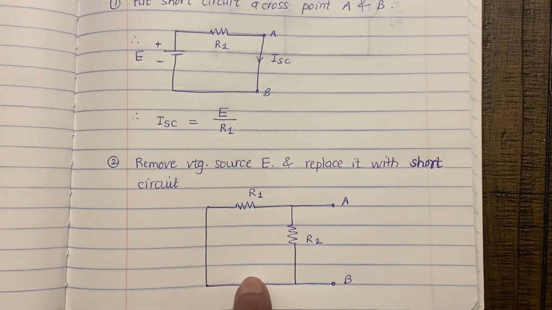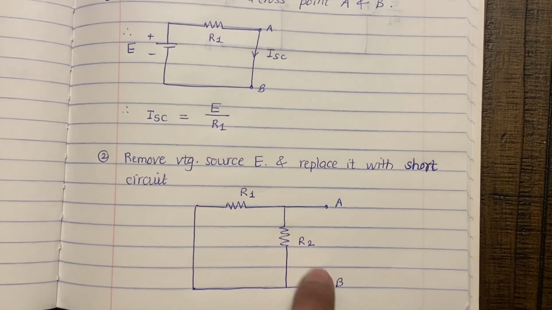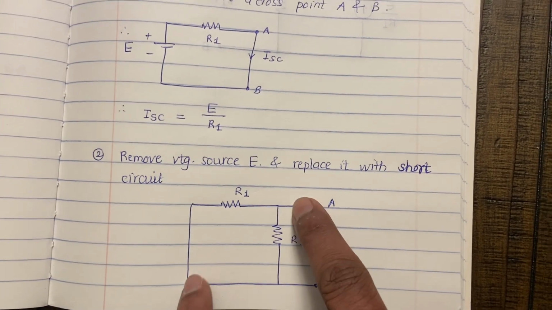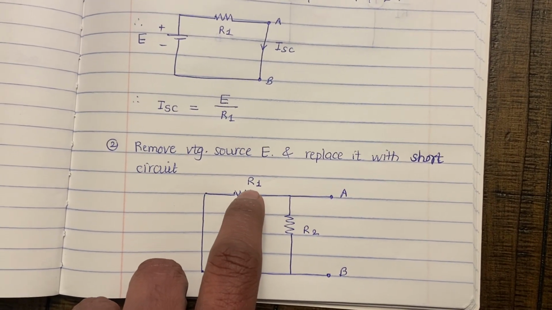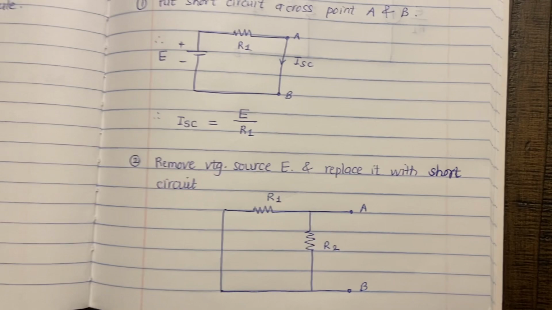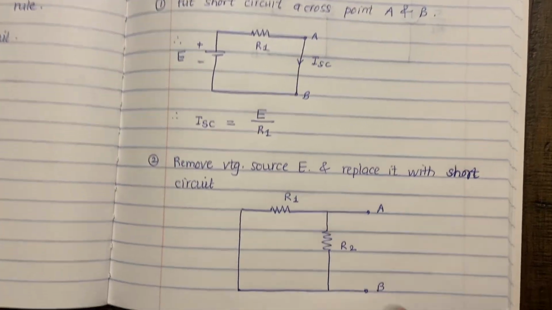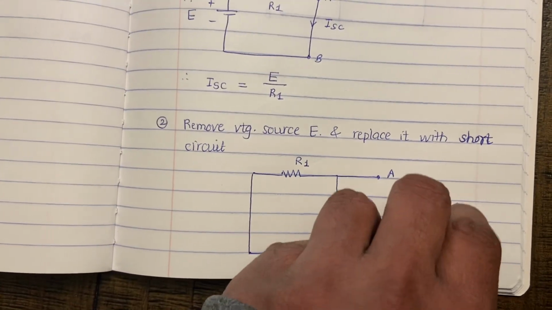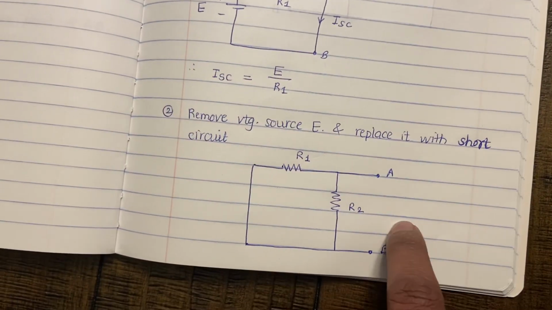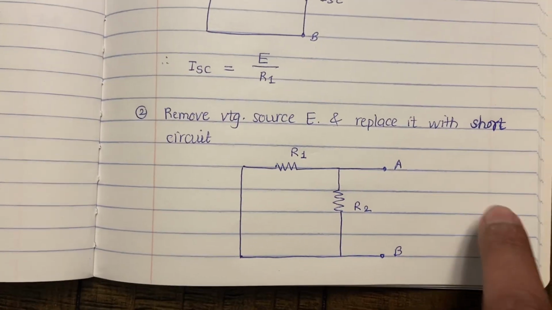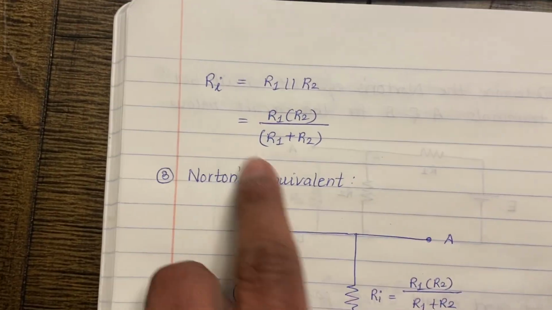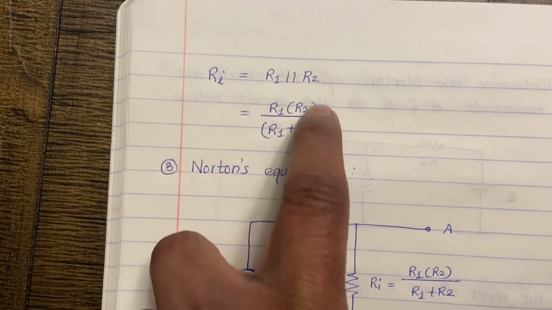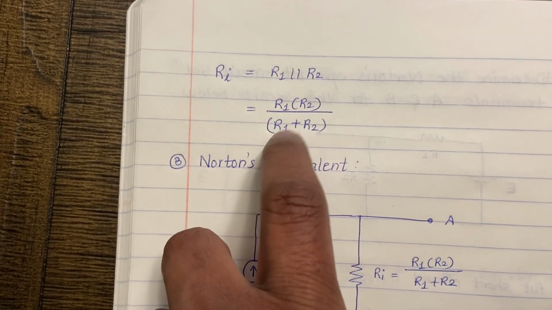Once you short this, R1 and R2 become parallel across points A and B. We have to find the equivalent resistance seen from this side across A and B. We did this step in the previous lecture too, while finding the Thevenin equivalent, and the value remains the same. R1 parallel R2 is equal to R1 R2 upon R1 plus R2.